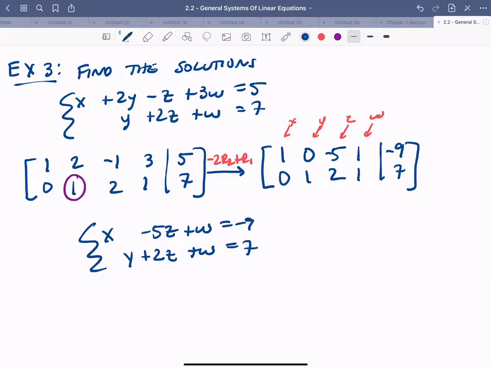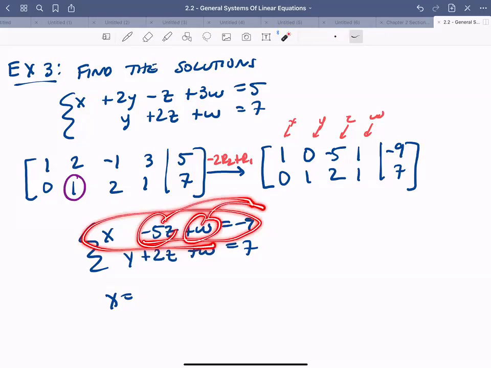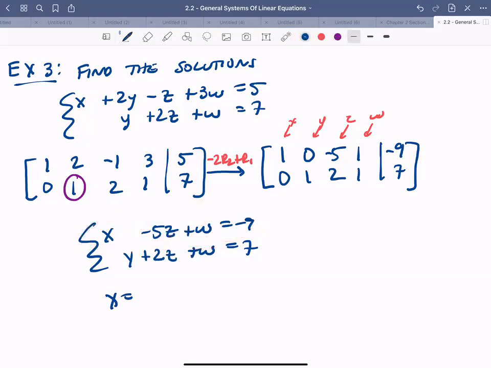So I'm trying to say, what does X equal, what does Y equal? Well, we could find what X and Y equal, but they're just going to give us more variables. How do I find what X equals? I can simply solve this for X. I would add 5Z to both sides and subtract W from both sides.